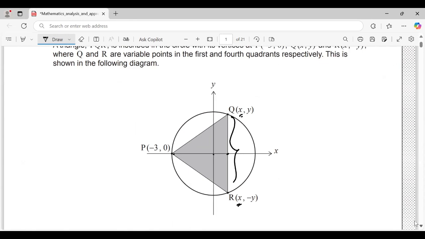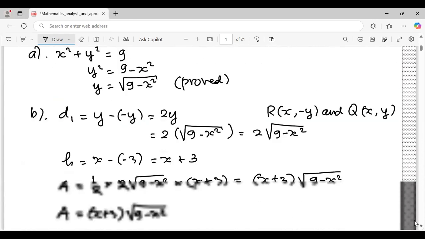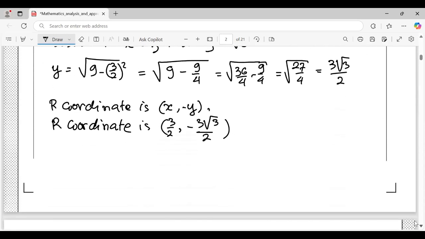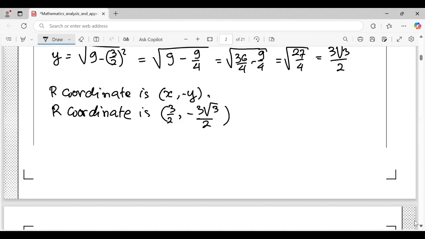It means x is 3 half, right? So we can state that the y coordinate is minus 3 square root 3 over 2. That is the y coordinate.